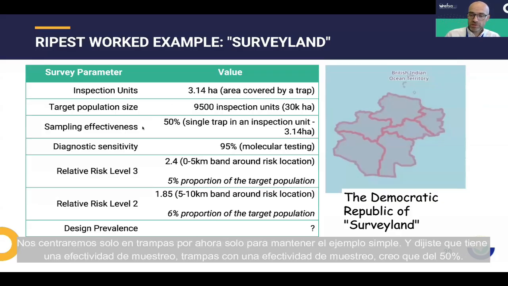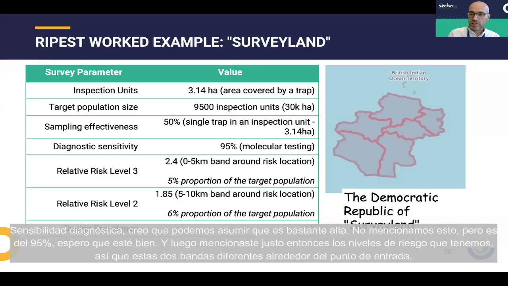We'll just focus on traps for now, just to keep the example simple. And you said that it has a sampling effectiveness. Traps have a sampling effectiveness, I think, of 50%. Diagnostic sensitivity, I think we can assume it's quite high. We didn't mention this, but it is 95%. I hope that's okay.